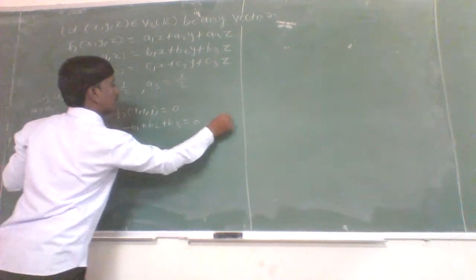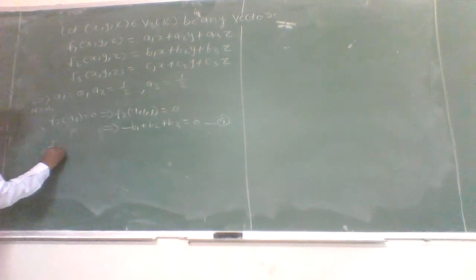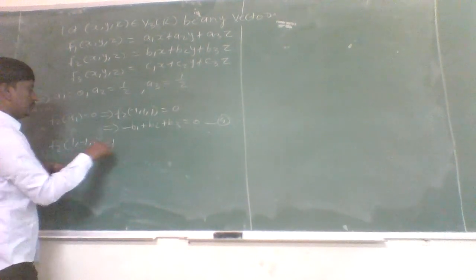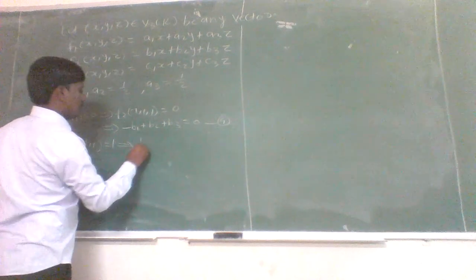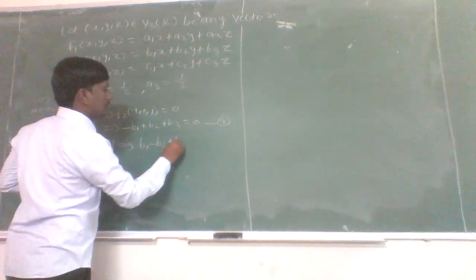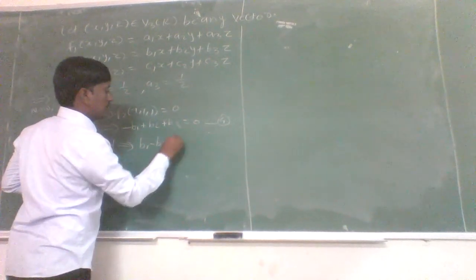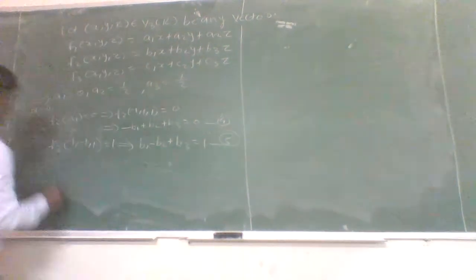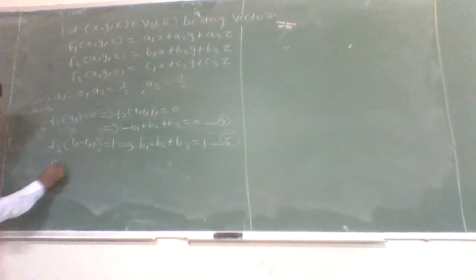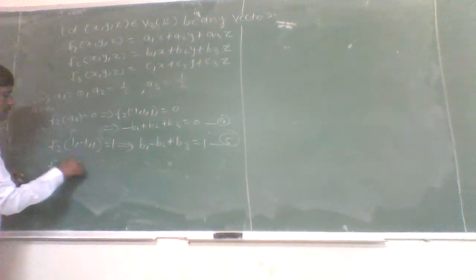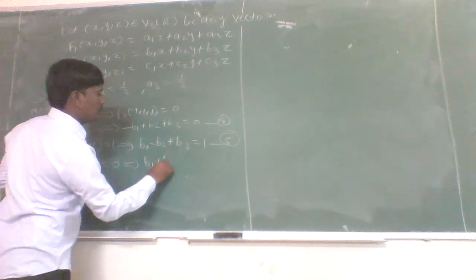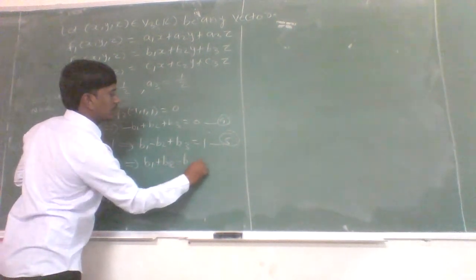This one is the fourth. F2 of alpha 2, alpha 2 is 1, minus 1, 1, equal to 1, which implies B1 minus B2 plus B3 is equal to 1. This is the fifth one. And F2 of alpha 3, alpha 3 is 1, 1, minus 1, equal to 0: B1 plus B2 minus B3 is equal to 0. This is the sixth one.